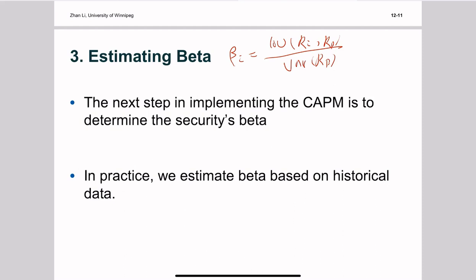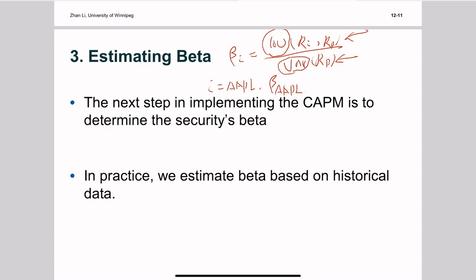Okay, now let me ask you. Let's say this stock i is Apple. So you want to find out the beta of Apple stock. Now, in this case, you have to look for the covariance between Apple and the market portfolio and the variance of the market portfolio. So now the question becomes, how could I find out these two numbers, right?